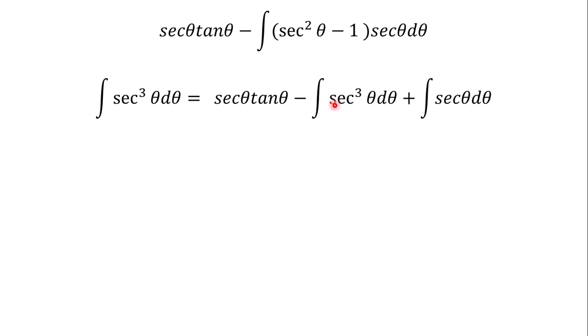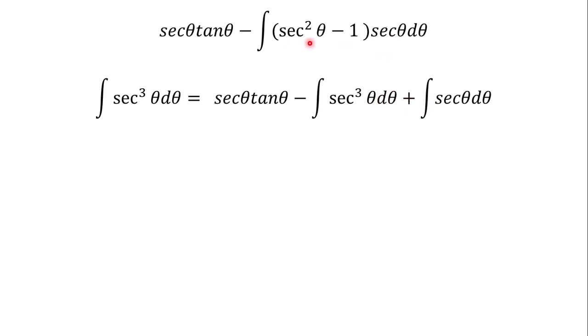That is good. That is why we had this, and that minus integral of secant theta d theta will give us a positive integral of secant theta d theta here. It's because when we open it, this minus is affecting everything. So when we open this one and multiply the minus through, this is what we are going to get at the end of the day.